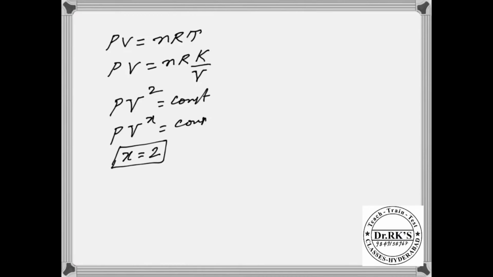Okay, and we know that in polytropic process the molar heat capacity C is equal to R by gamma minus 1 plus R by 1 minus x. Okay. So here what is gamma? Since it is a monatomic gas, gamma is 5 by 3.